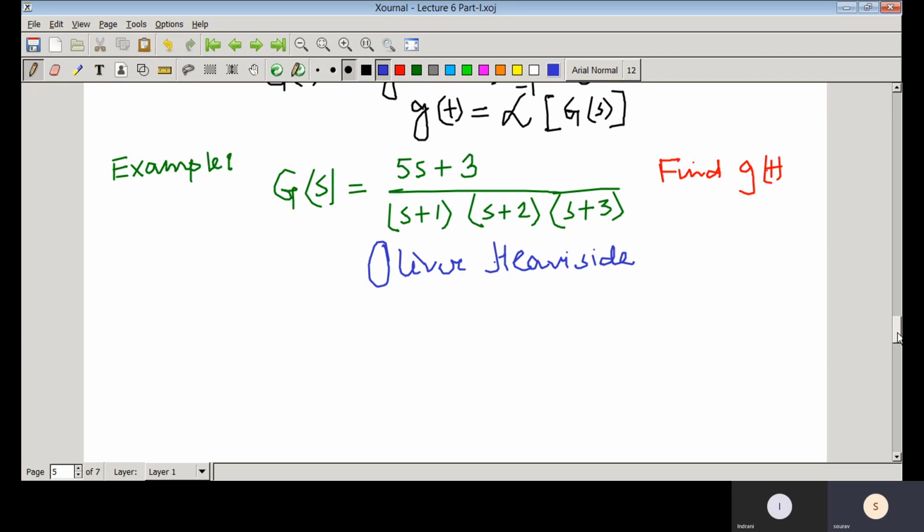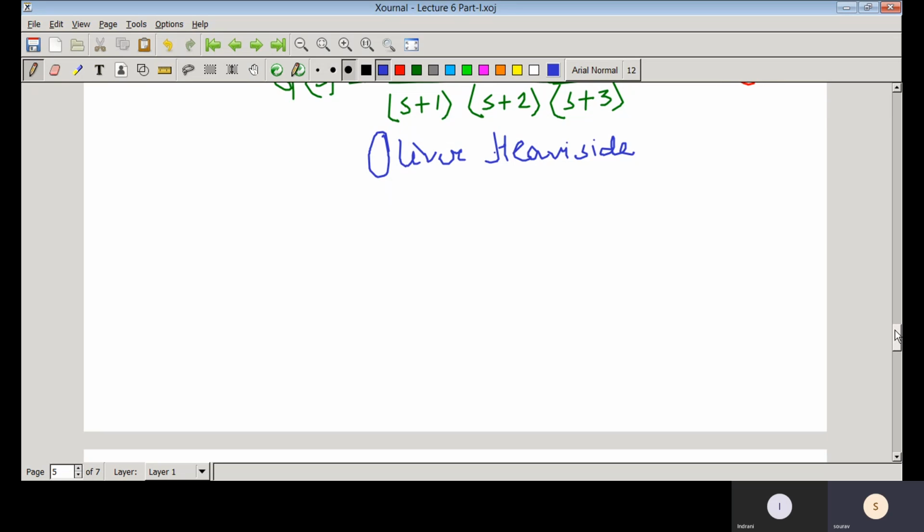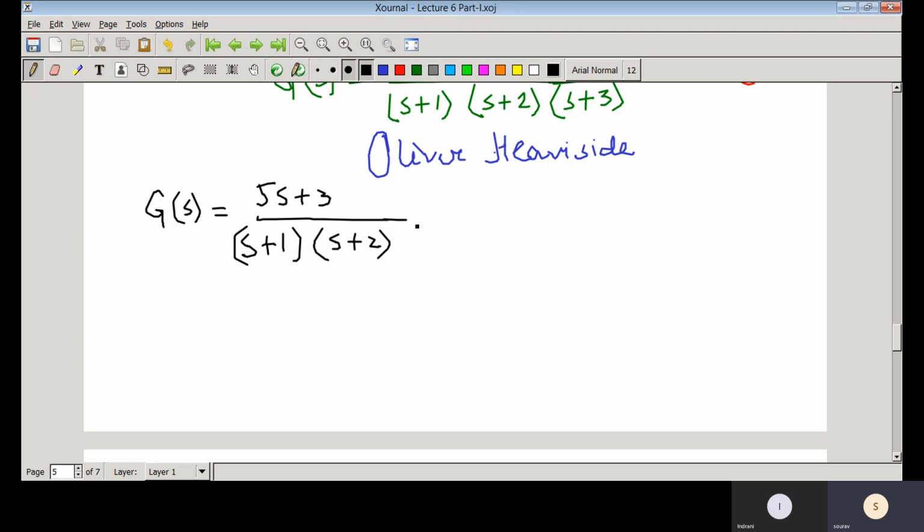He gave us a method for finding the partial fractions. So first we represent this G(s) in partial fraction form: 5s plus 3 divided by s plus 1, s plus 2, s plus 3 can be represented as A by s plus 1 plus B by s plus 2 plus C by s plus 3.